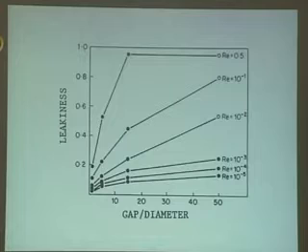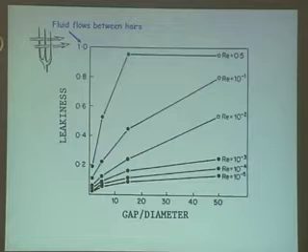So this is an example of what you learn when you calculate what the fluid flow would be like between a pair of hairs if the fluid can go between the hairs or around the array of hairs. And what we've plotted here is leakiness, where a leakiness of 1 means that all the fluid that encounters a gap between two hairs will flow right on through that gap.